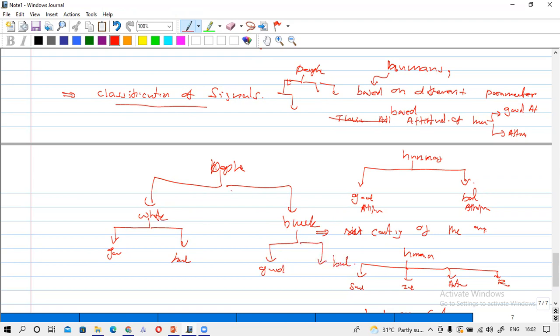You can't say which comes first, so there is no standard hierarchy. The same is true of signals: in signals also we don't have a standard hierarchy. Can you understand what I'm trying to tell you?